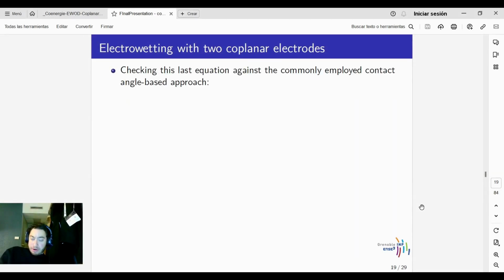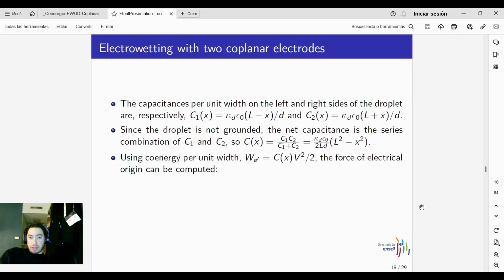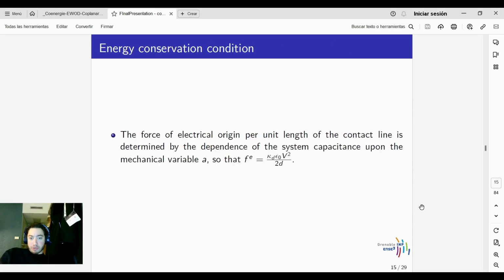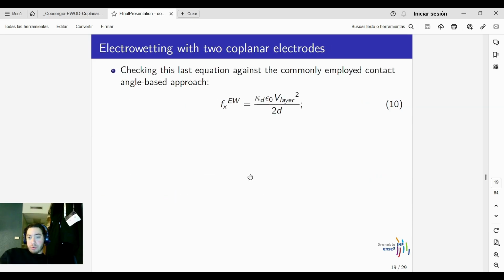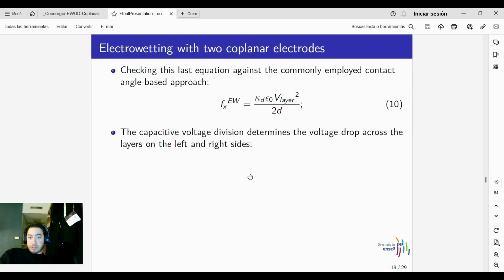If we remember the last equation that we got for the electrical force at the surface contact per unit length that we defined previously, let me go back to remember this. By setting the energy conservation condition, we got to this equation of the electrical force. So that is this equation.